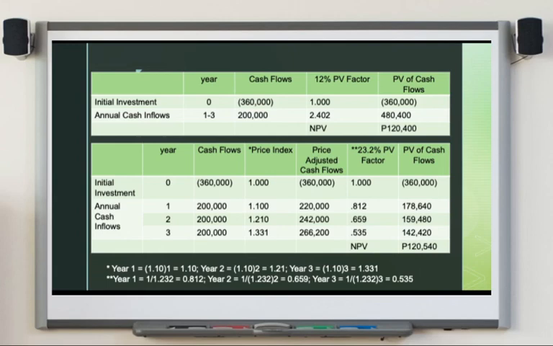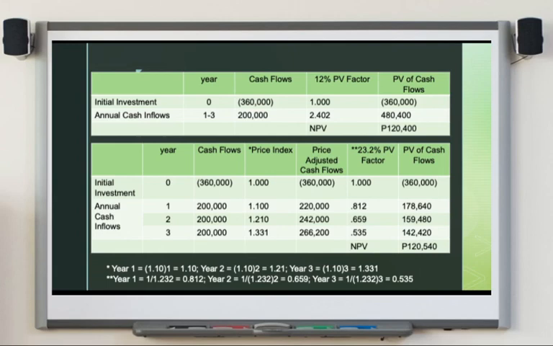Now, after multiplying the price adjusted cash flow with the present value factor of 23.2%, and summing it up, you can see here that it is almost the same as the NPV that did not consider the inflation rate, 120,400 versus 120,540.